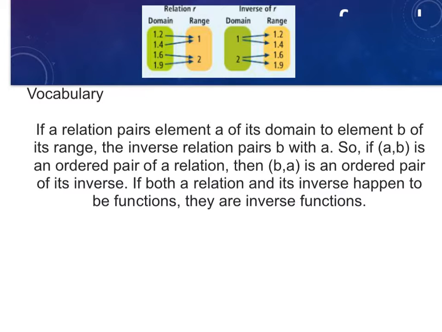Then when it turns back around, the inverse of R, notice that the domain and the range switch positions. However, the domain of the inverse is not matched to exactly one element. So yes, the original relation R is a function.